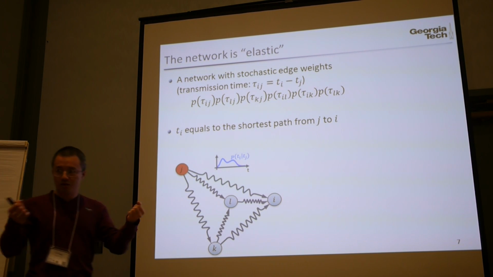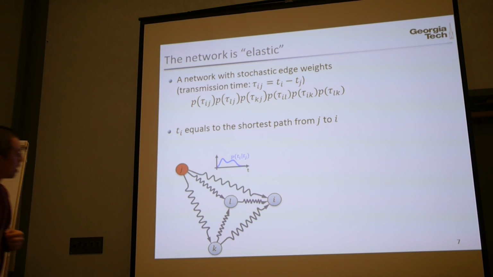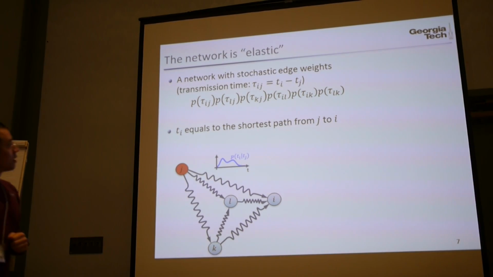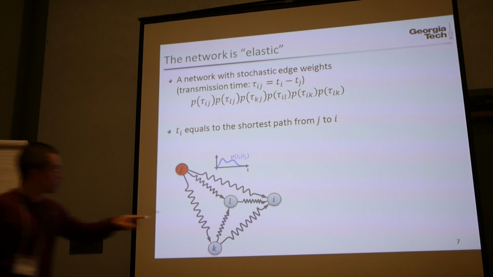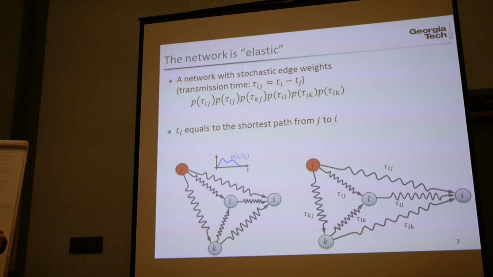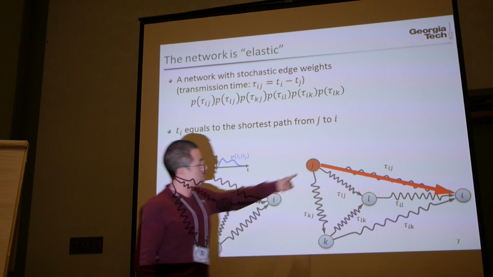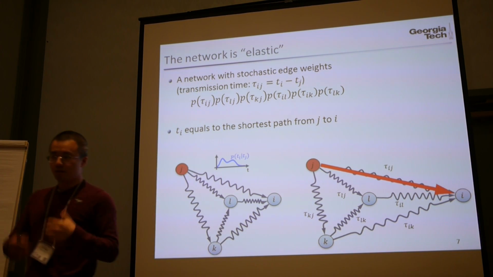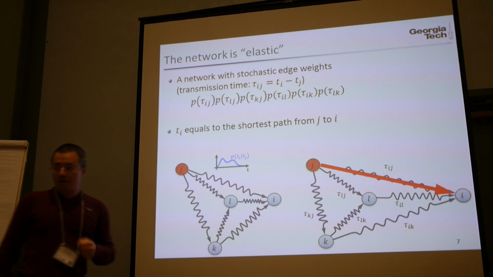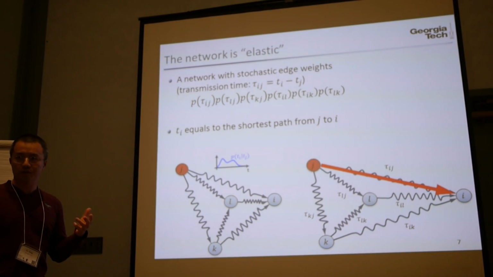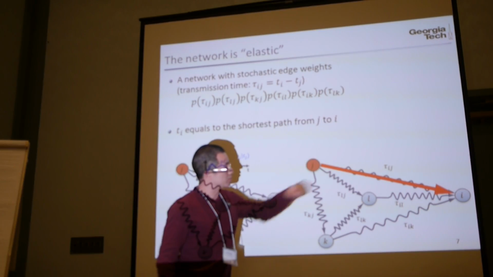The length corresponds to the time, and the length is just the difference between the two infection times. Then once you sample a set of random edges, the infection time of node I is just the shortest path between the source node and this particular node. So the process is you first independently sample the edge weights, and then you find the shortest path, and that shortest path gives you the infection time.